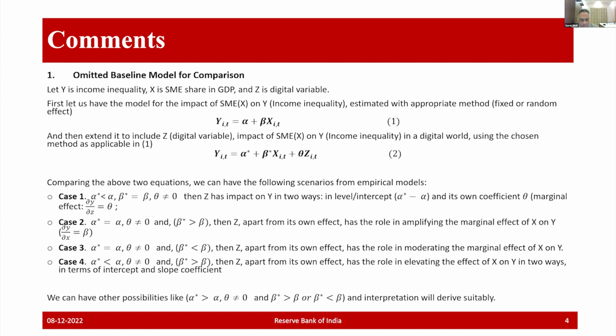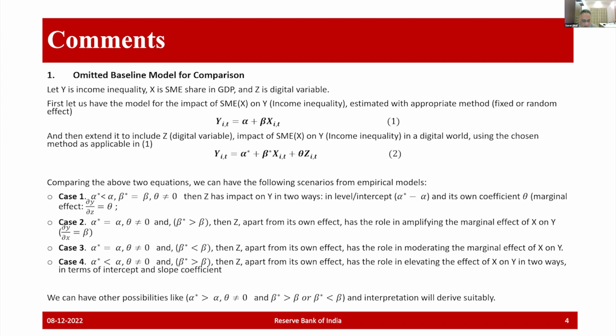It was my suggestion, and there will be a whole lot of scenarios, because your parameter of interest is whether digitalization can have a level shift impact on inequality. I've shown you 4 sorts of scenarios, and there are a couple of other scenarios the author can look at.